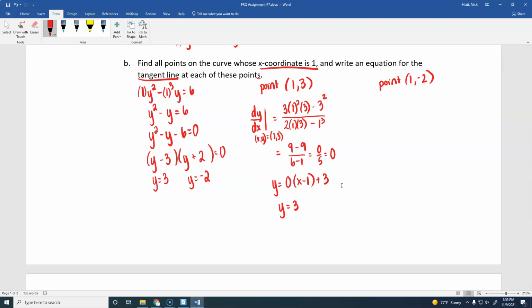Okay, we have to do the same thing for the other point now. So again, that notation, dy/dx such that (x, y) equals (1, negative 2). And so we'll have 3 times 1 times negative 2 minus negative 2 squared, over 2 times 1 times negative 2 minus 1 cubed.